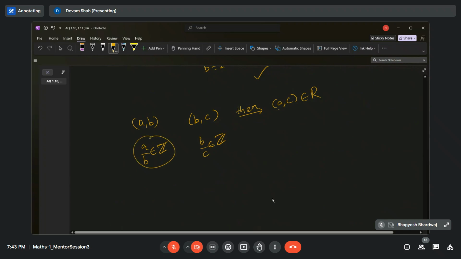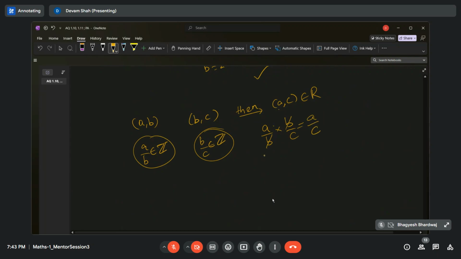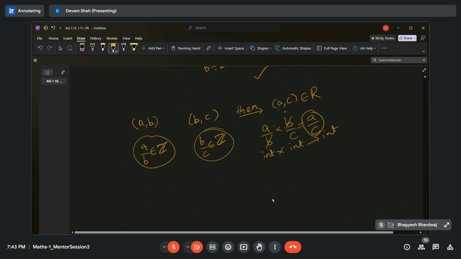This is an integer, right? This is also an integer. Let's multiply them, a by b into b by c. Now multiplying it, b and b get cancelled, correct? You will get a by c. And integer into integer will always give you an integer. So a by c is an integer.